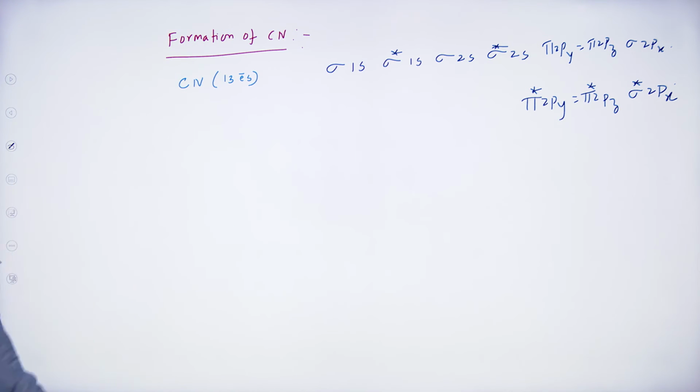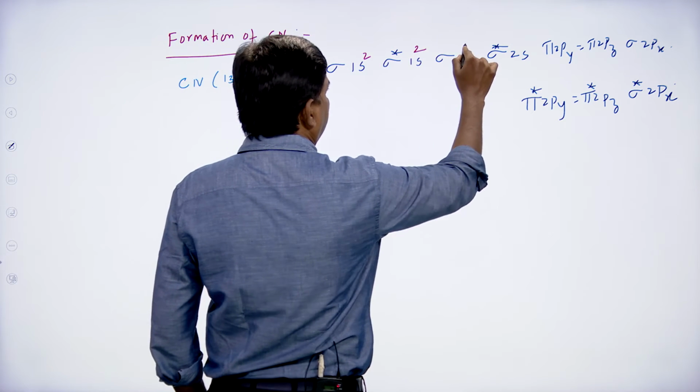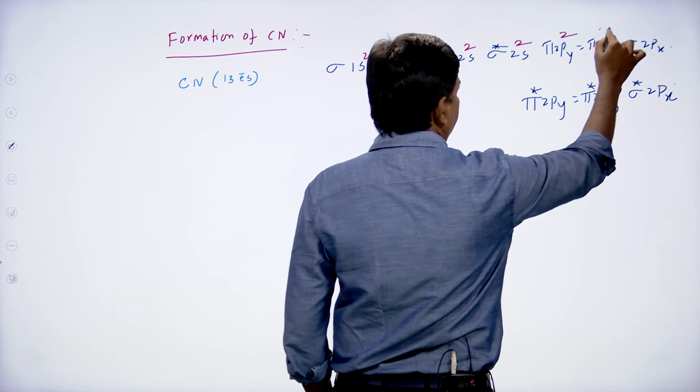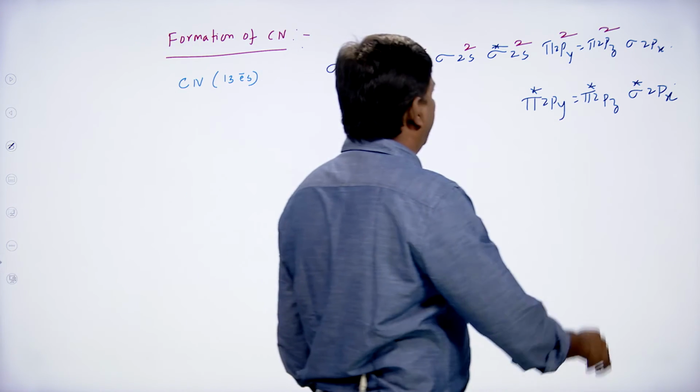This is the order. Now start filling up the electrons. How many electrons need to be filled? 13 electrons. This is 2, this is 2, this is 2, this is 2, 2, 2. How many electrons? 8, 10, 12. And this is the 13.